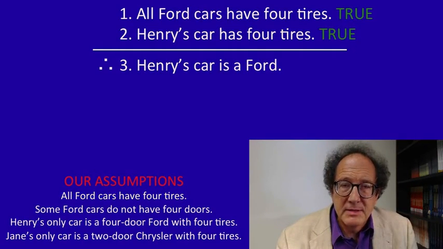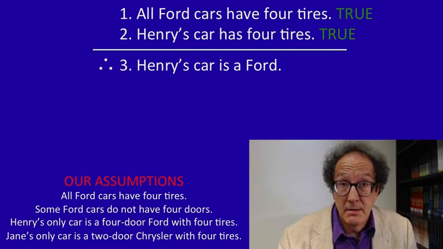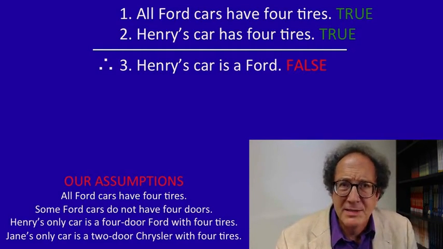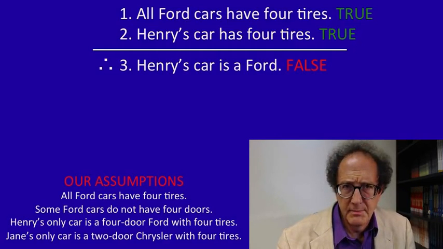And the second premise is going to be true because Henry's car has 4 tires. Of course, now it's a Chrysler because he got it from Jane. But the conclusion is going to be false. Henry's car is not a Ford because Ford and Chrysler are different companies. So if he switches cars with Jane and he has a Chrysler, then he doesn't have a Ford. His car is not a Ford.